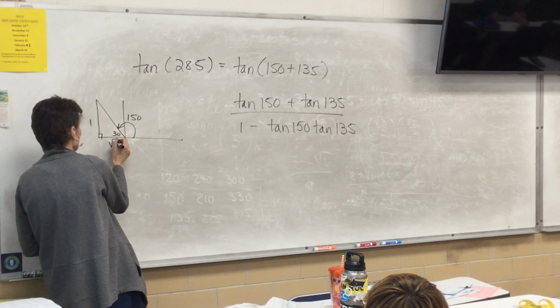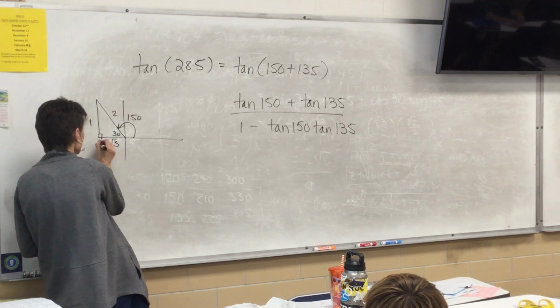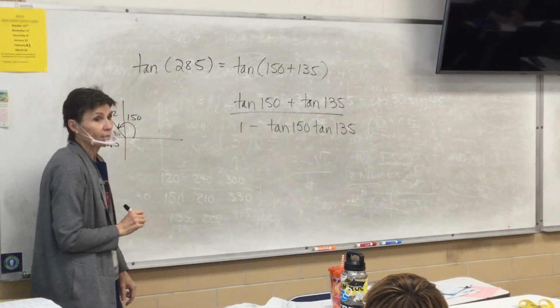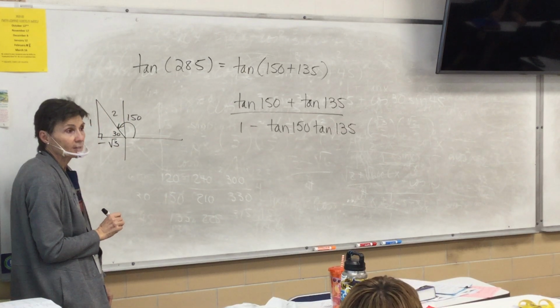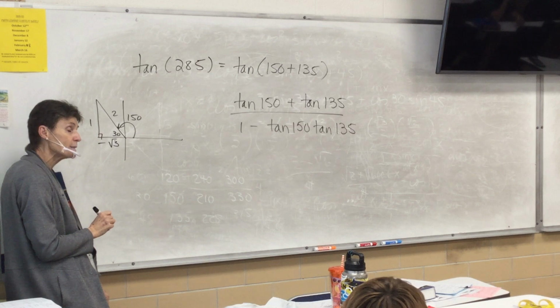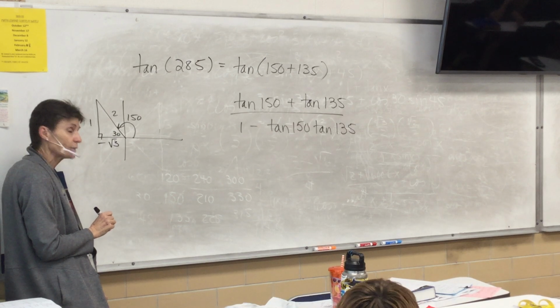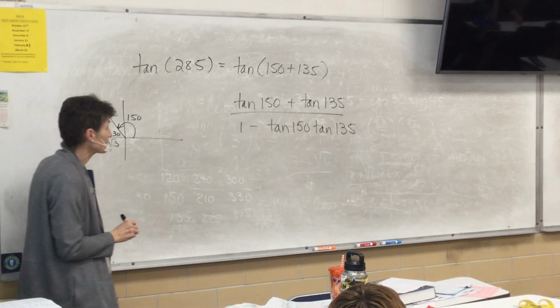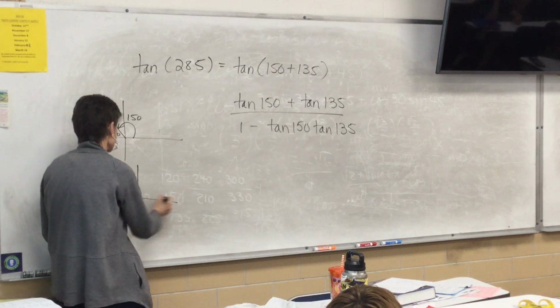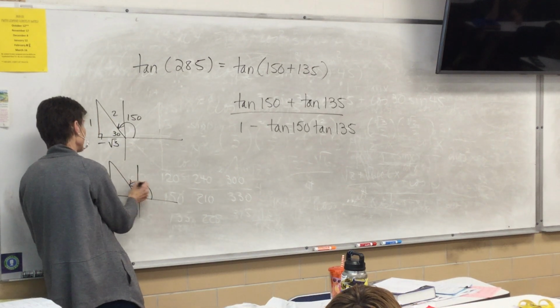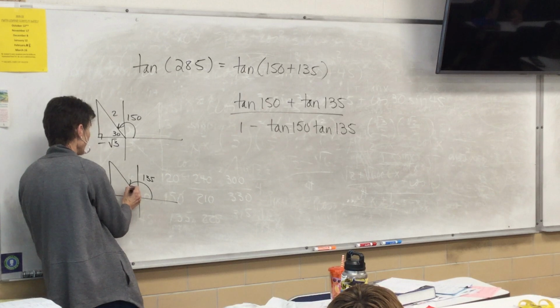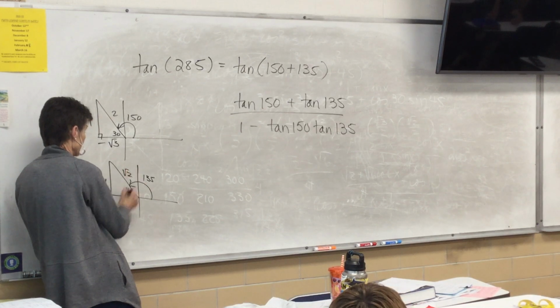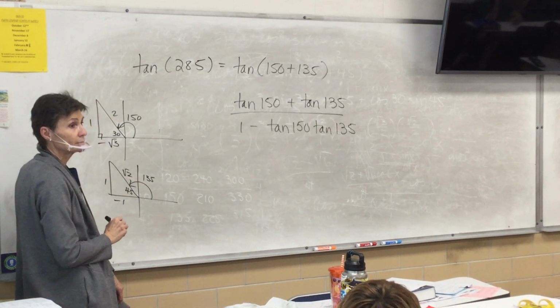So 1, root 3, 2, and then don't forget the negatives. Because as soon as you draw an angle not in quadrant 1, you're going to have to deal with negatives. All right, what's the reference angle for 135? 45. And another negative there.